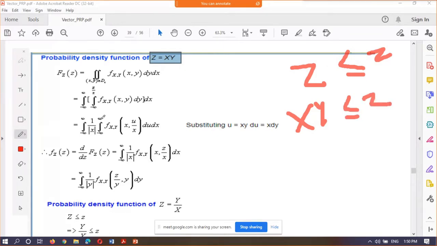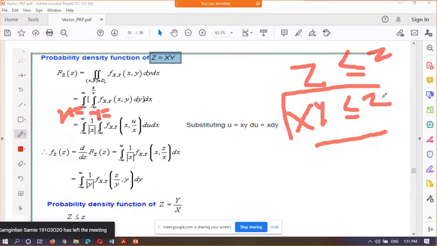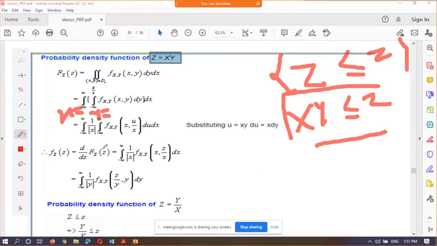It means x goes from minus infinity to plus infinity, and y goes from minus infinity to z by x, because when y is less than z by x, only then are you able to satisfy this, and when y is greater than z by x, this is not true. It means they do not belong to the event Z less than or equal to small z.